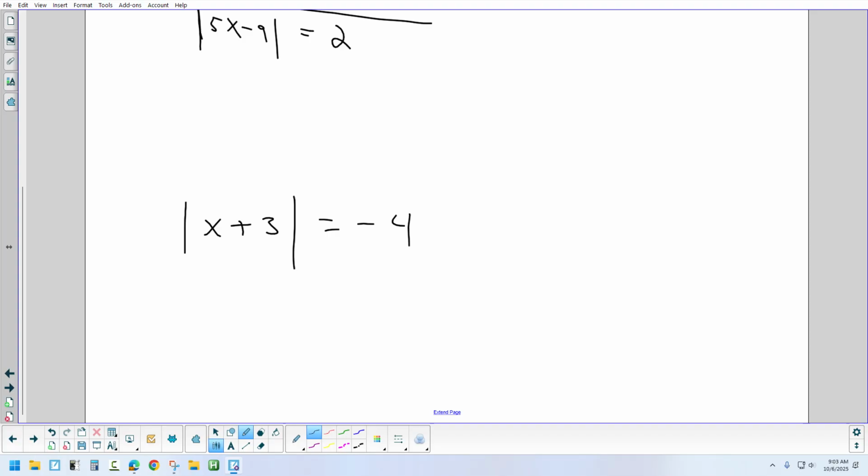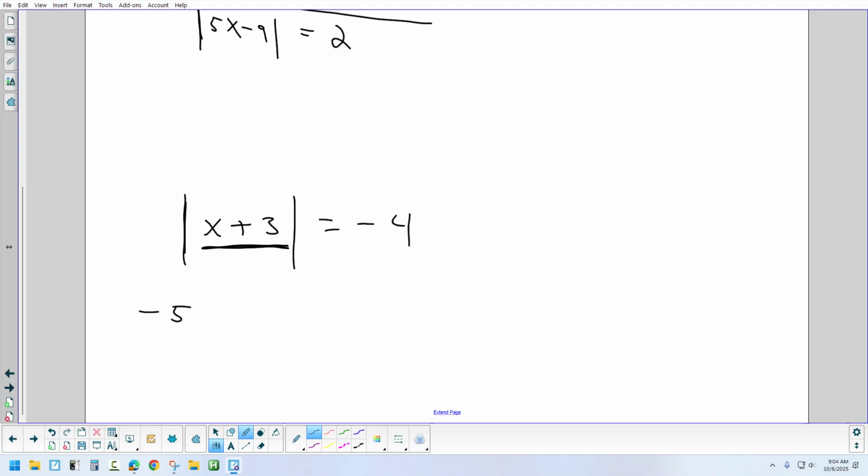It's impossible because you can't get a negative out of an absolute value. Right. No matter what you plug in for x, absolute value bars mean to take whatever you get here and make it non-negative. You're never going to get negative 4 when you try to solve this. So that would be no solution. If you ever have absolute value equal to a negative, don't start splitting it up into two problems. That's no solution.